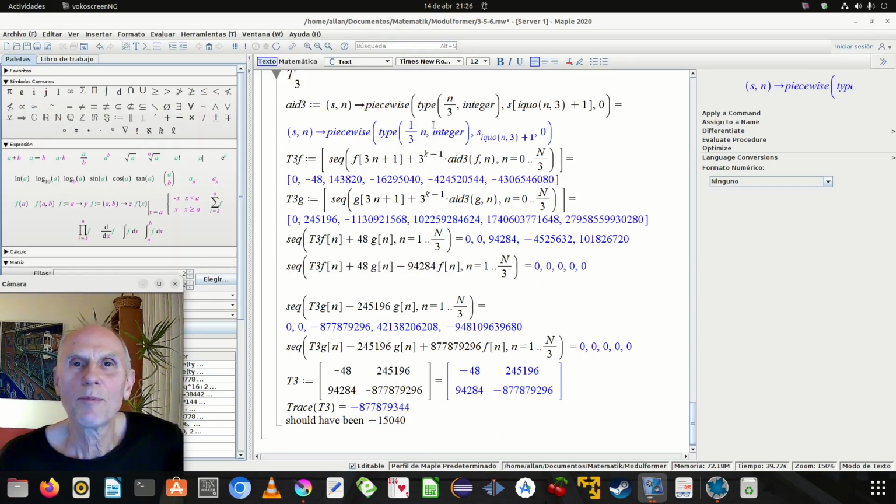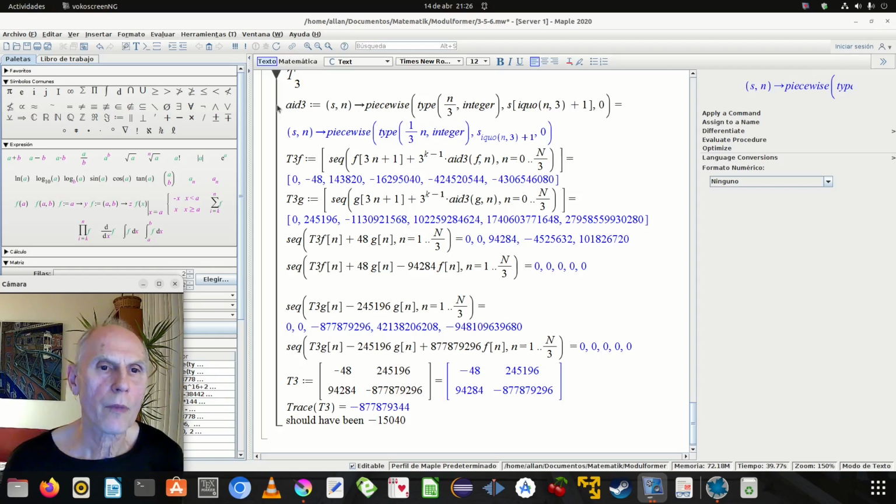I have now typed it into Maple. This was copy-paste. IQO is integer division. So n divided by 3 and discard the remainder. And I add 1 because the first node is a node.